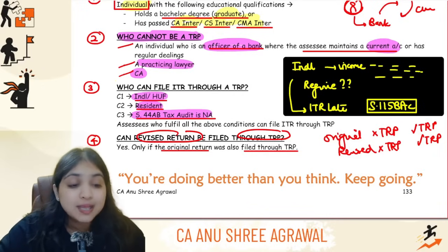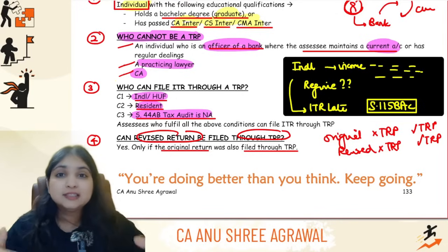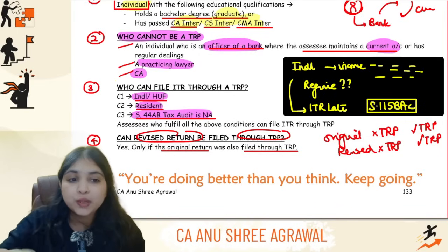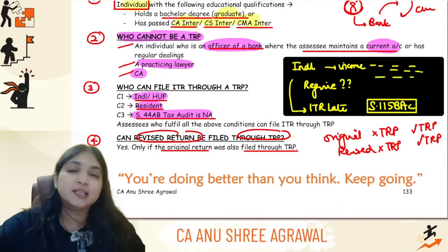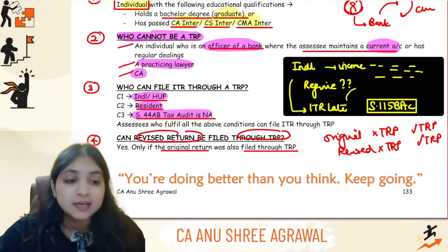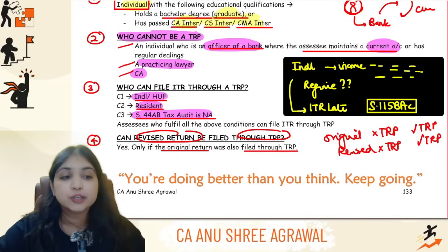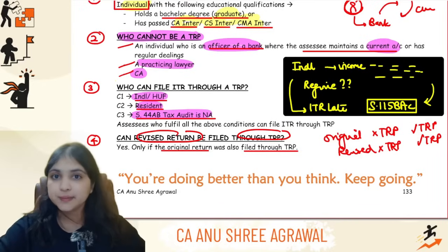So this can be one way in which they are trying to communicate to you what regime the assessee is following. Instead of outrightly saying the assessee is following 115BAC, indirectly they can say that the assessee has filed ITR late. So your whole computation, income computation, tax computation will be as per 115BAC.